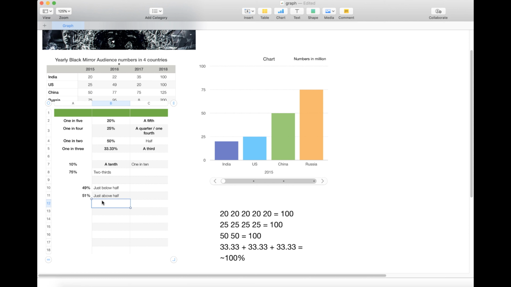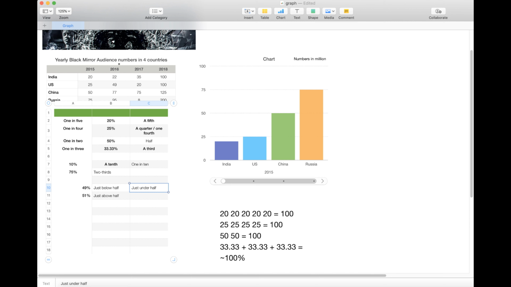Now, how much is just? So anywhere between 51 to 55% would be just above, right? Or 51 to 54%. Same thing for just below half. If you're looking at somewhere between 46%, so 46, 47, 48, 49 would be just below. Another synonym for just below half would be just under half.